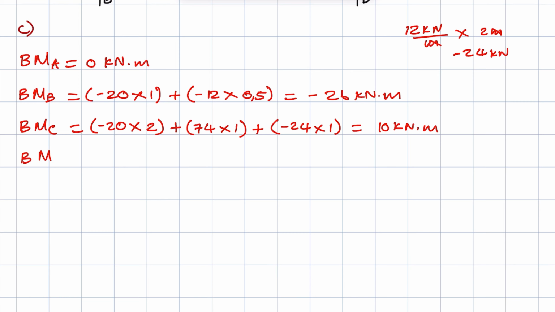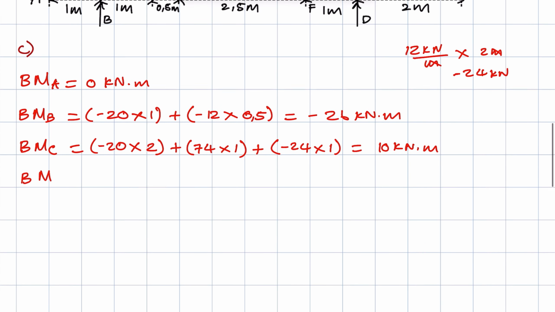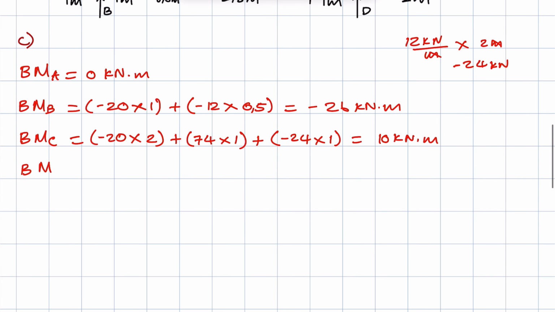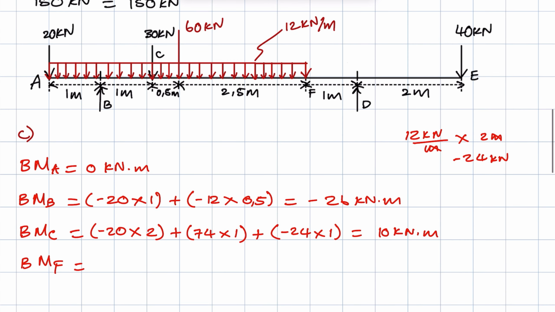And the bending moment at point F, because point F is before point D. If you look at point F, there's much less forces to consider on the right of F than there are forces to consider on the left of F, right?